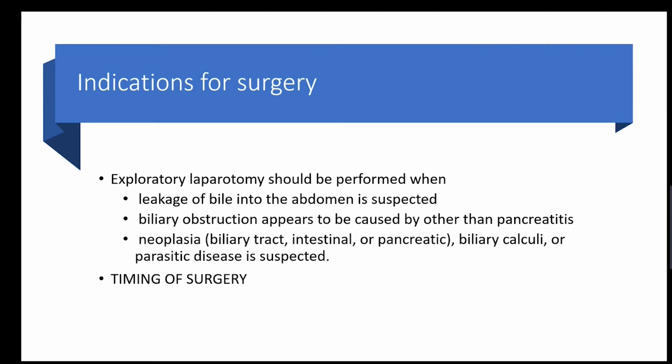But if we do see any neoplastic disease, any choleliths or calculi in the biliary system, or parasitic disease, which is quite a bit less common, a bit more obscure. And of course, which we'll go into, is biliary mucoceles.